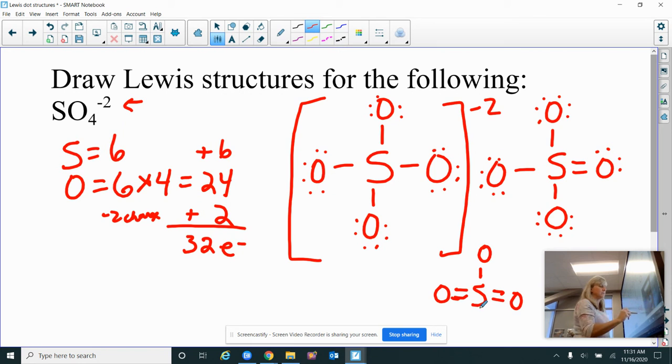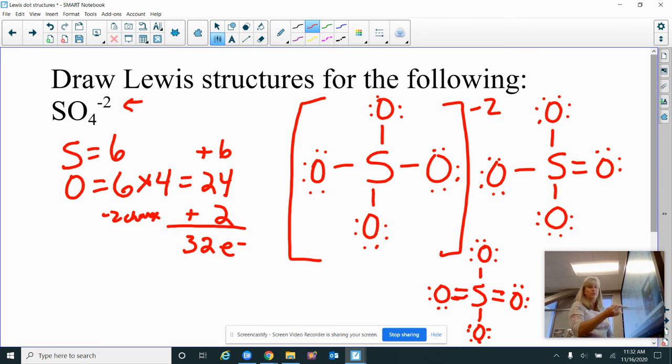Okay. Or you actually could also have 2 double bonds, because sulfur can have as many as 12 around it. So you could have a structure like that with only 4 extra electrons on the 2 oxygens that are double bonded and 6 extra electrons on the 2 oxygens that are single bonded. That also uses 32 electrons, and all the oxygens have 8, and this sulfur has 12.